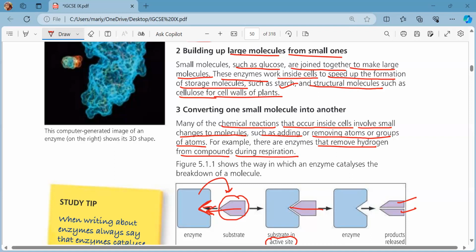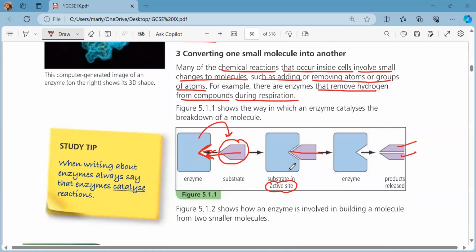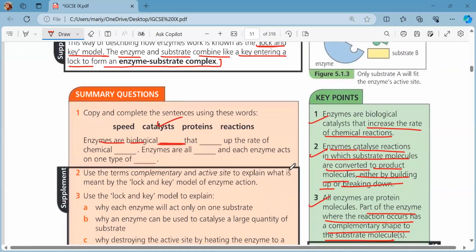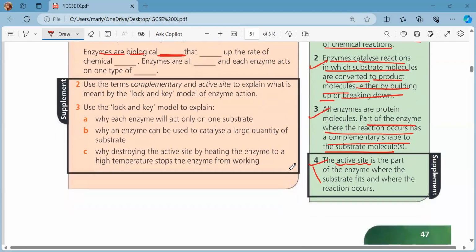Then next one is why an enzyme can be used to catalyze a large quantity of substrate. Yes, because it speeds up the rate of reaction.